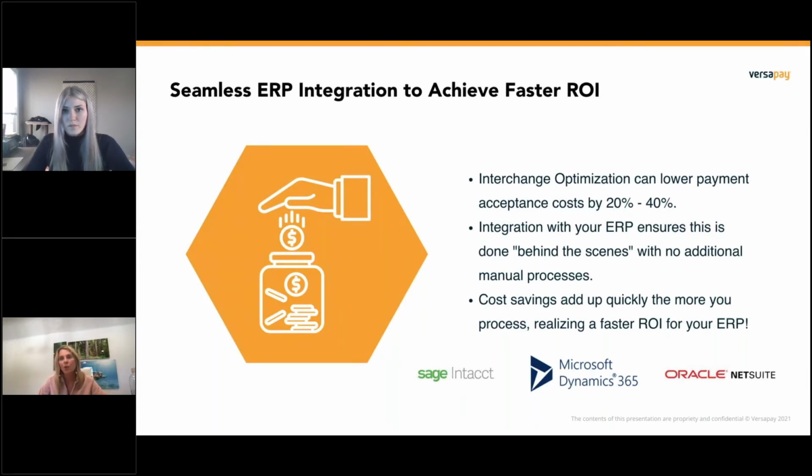So by us working together with the ERP and providing that interchange optimization, we're able to process a huge benefit for our customers by doing that level 3 optimization, level 2 reauthorization management. Again, we do all of that with no interaction from you, the merchant. We're able to grab all that information from the ERP in the background, behind the scenes, and are able to really reduce your overall cost of acceptance.